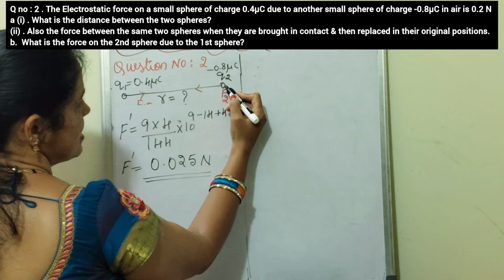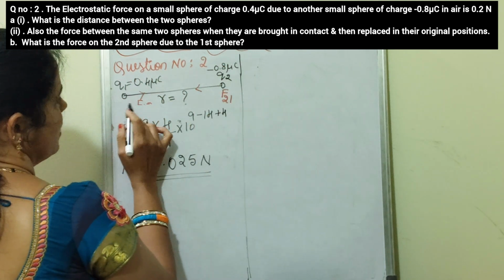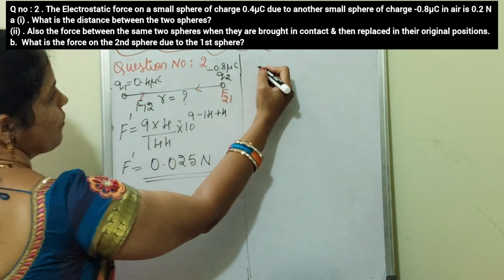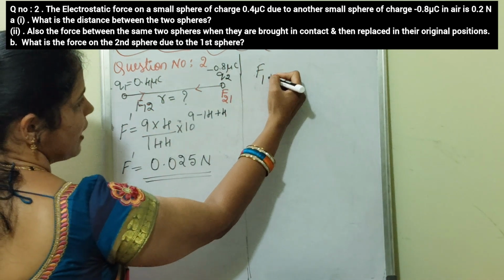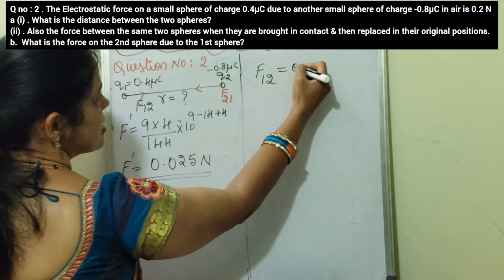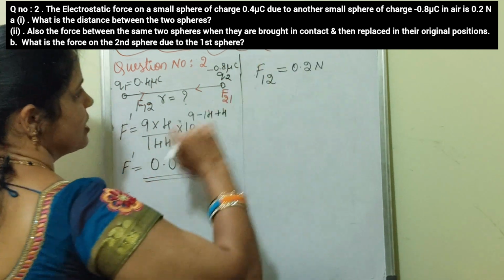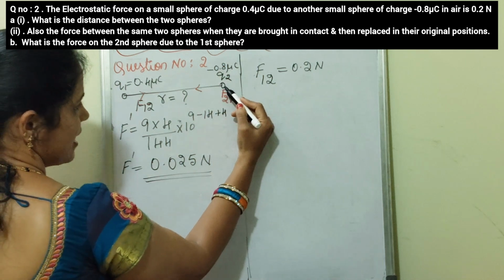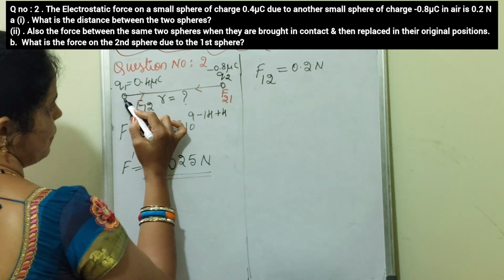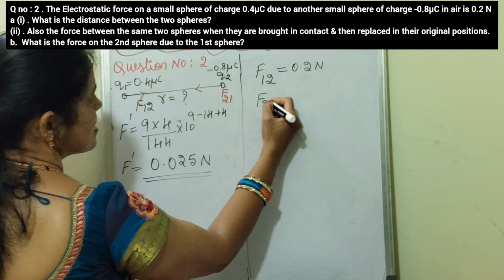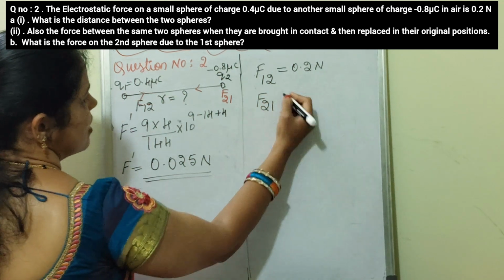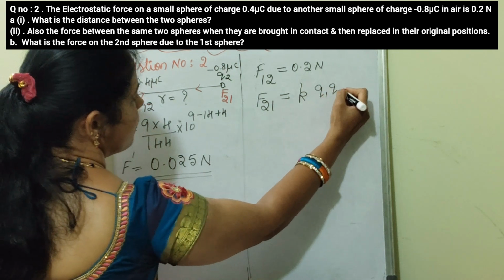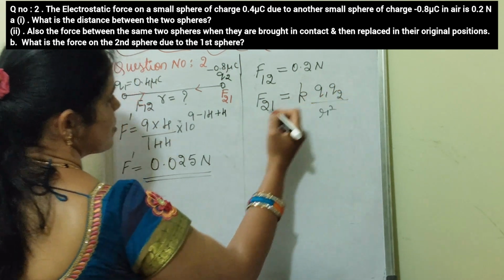Force on the second sphere due to the first sphere. So here F12 is the force on the first sphere due to the second, which is 0.2 Newton, already given. The question is, what is the force on the second sphere due to the first sphere? So force on second due to first. How to calculate? Let us use the formula Q1 Q2 divided by R square.